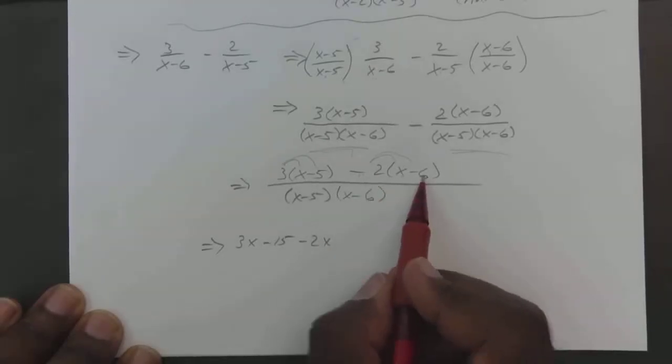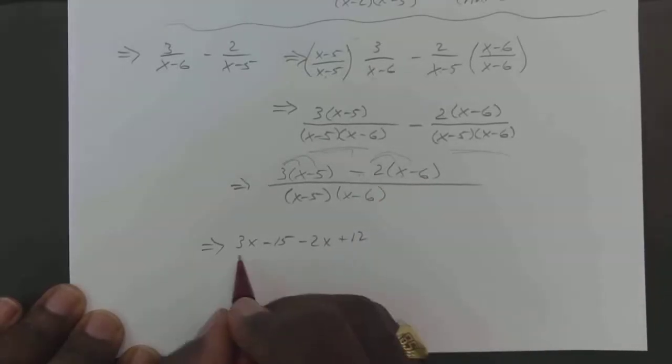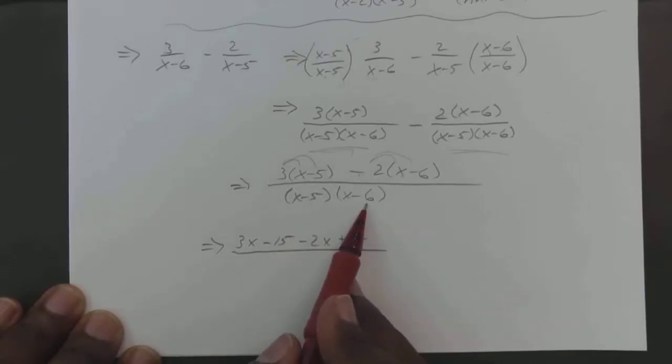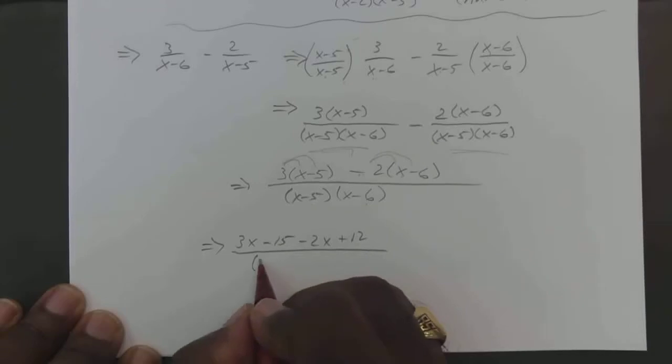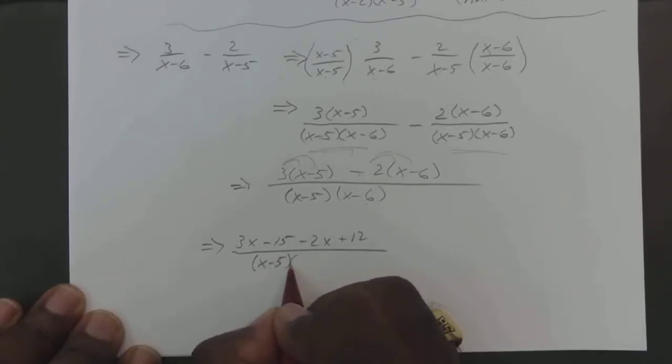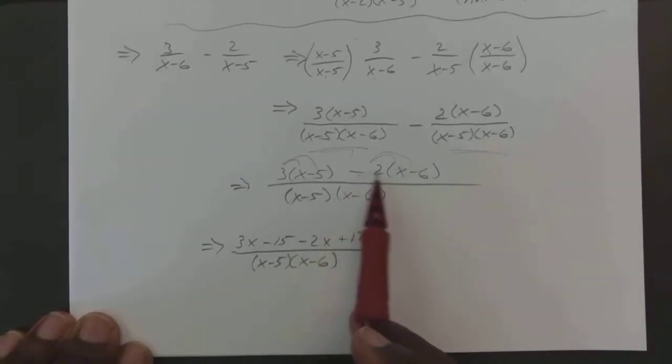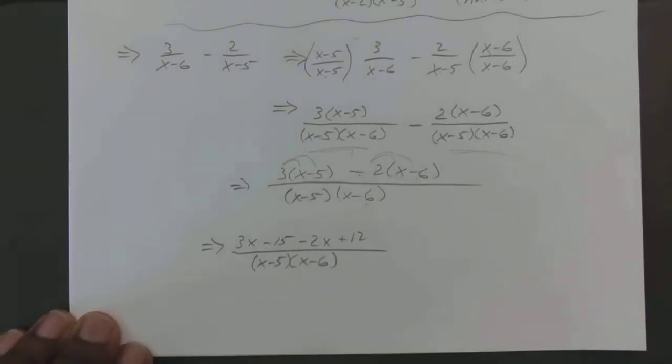Negative 2 times negative 6 is positive 12, all over x minus 5 times x minus 6. Told you, step 1 is usually the one that drains you the most. Plus 12, when you distribute the negative 2 and the minus 6.